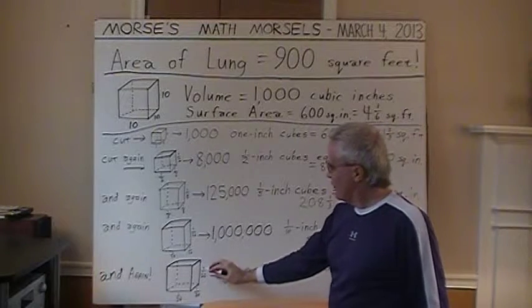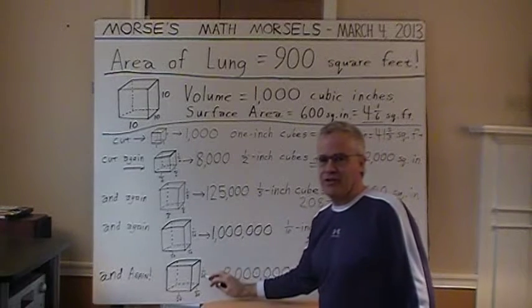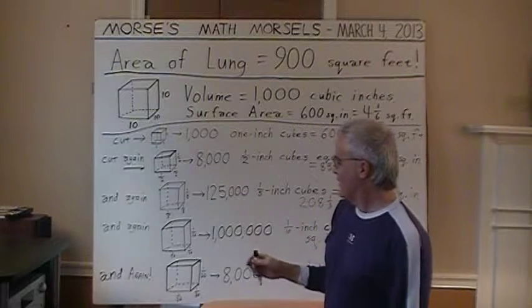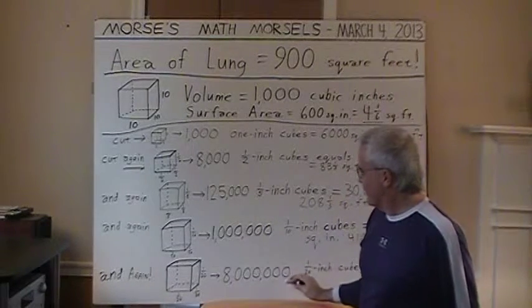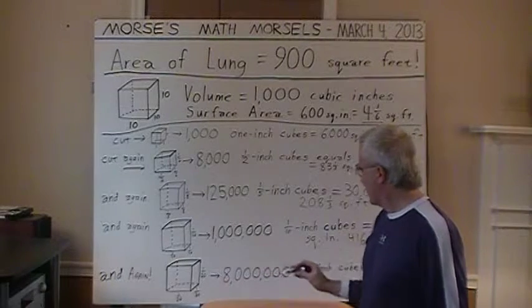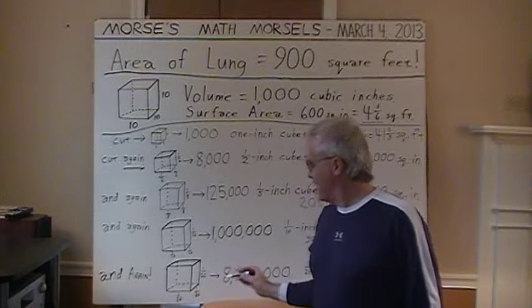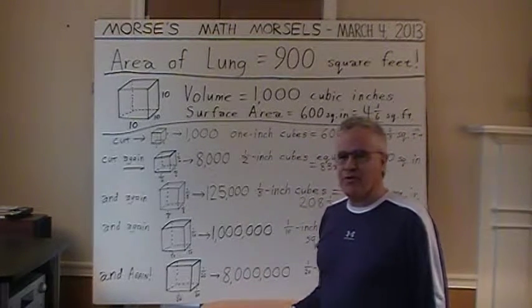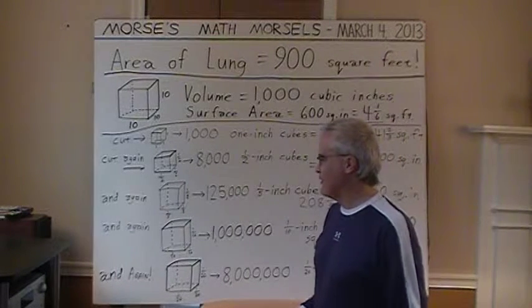But I'm going to do one more series of cuttings of the original cube into 1/20th of an inch on a side. That is really tiny. Wow, it's like they're getting down to the millimeter range. There are 8 million of these teeny tiny cubes this time, and the total surface area of each of those itty bitty cubes is only about 6/400ths of a square inch, or 3/200ths of that same square inch.